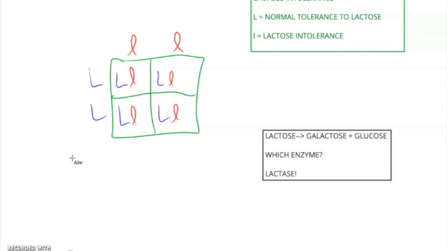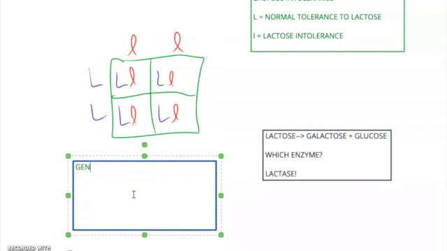And how would we draw this percent likelihood here that we've ended up with? You can draw it in two different ways. There's the genotypic ratio. It's important that you know how to do both of these. The genotypic ratio is big L, small l, to big L, small l, to big L, small l, to big L, small l.